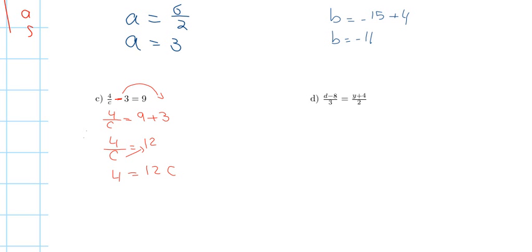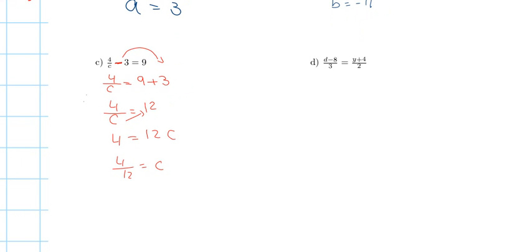Now, C is in the numerator now, right? It's not in the denominator anymore, which is easy now. To get rid of that 12, what do I do? Divide by 12, because the opposite of multiplication is division. So it's going to be 4 divided by 12 equals to C, which is C equals to 1/3. So the main thing is you ask yourself, what kind of operation do I have?